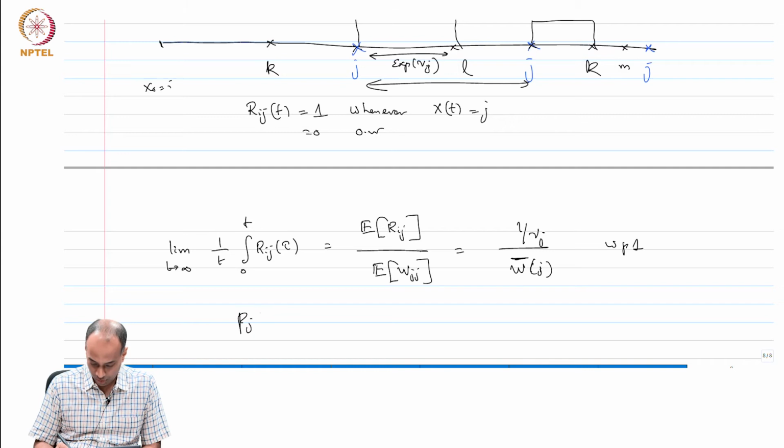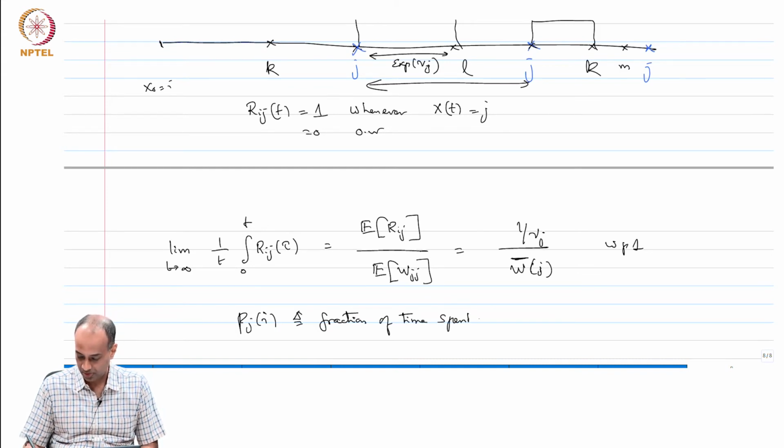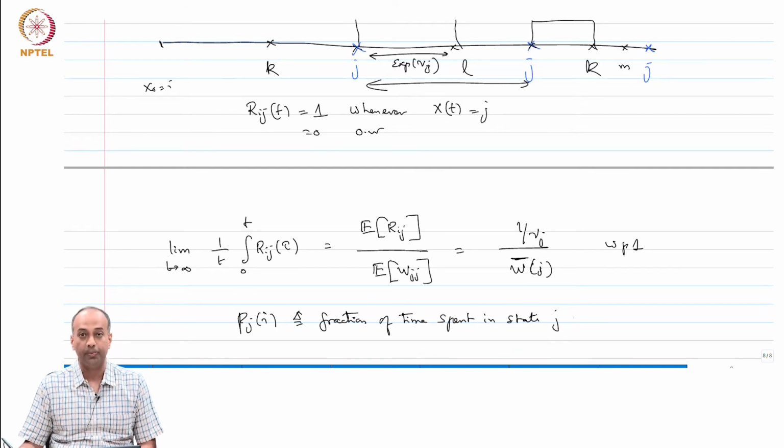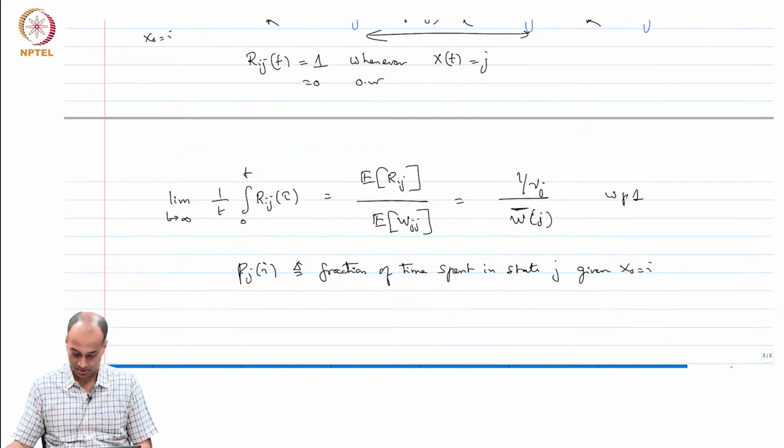Right. So, I am going to call Pj of i the fraction of time spent in state j given X naught equal to i, given that you started in i.